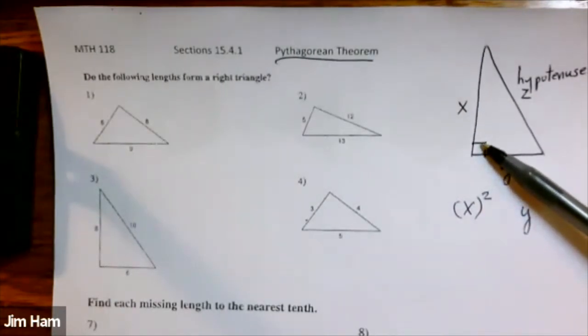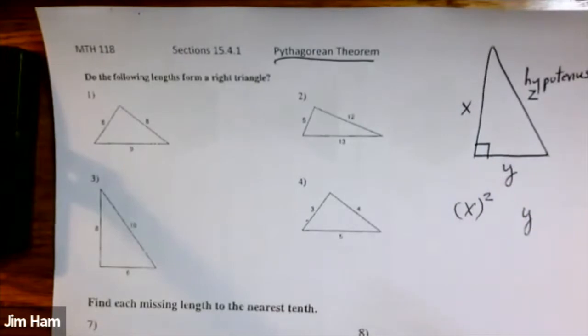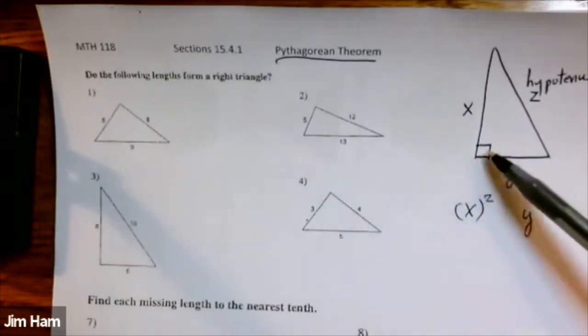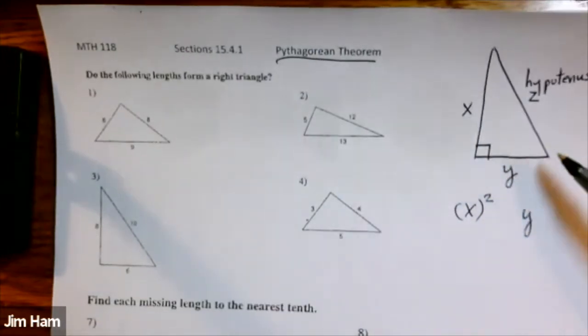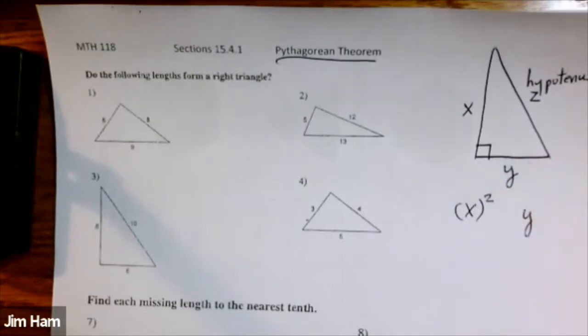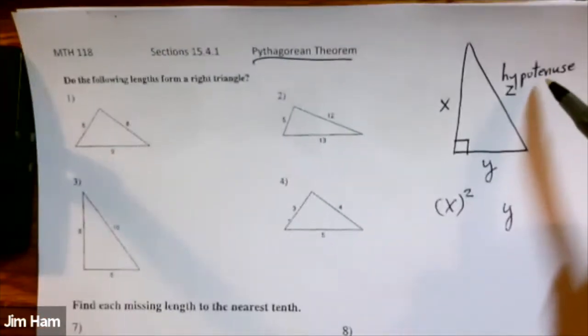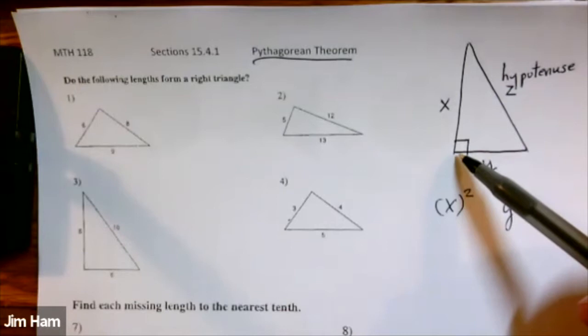You can't have one 90-degree angle in a triangle and then have another angle that's even larger because the sum of the three angles has to add up to 180. If you have 90 here and some other angle that's 92, let's say, you've already exceeded 180 degrees. So the largest side in a triangle is the one opposite the right angle.